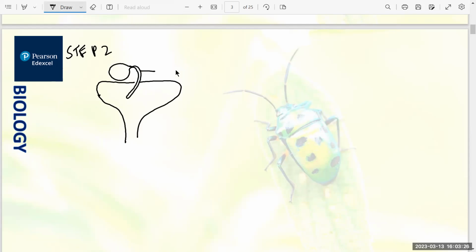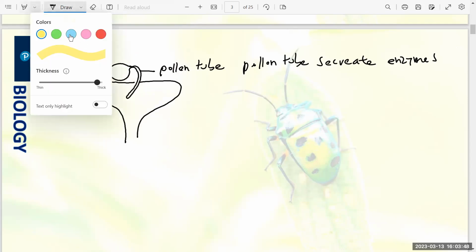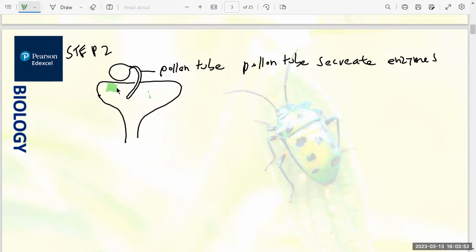Now if we look at how this is happening, this structure is called pollen tube. A pollen tube secretes enzymes because what I'm coloring here is the tissue of the stigma.